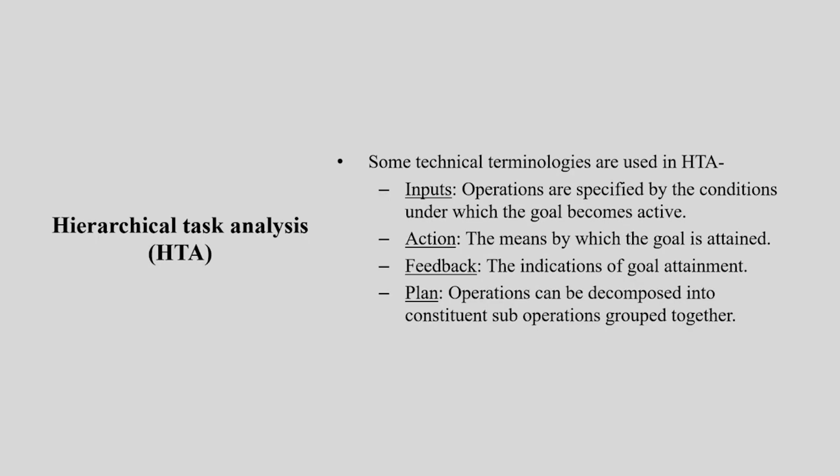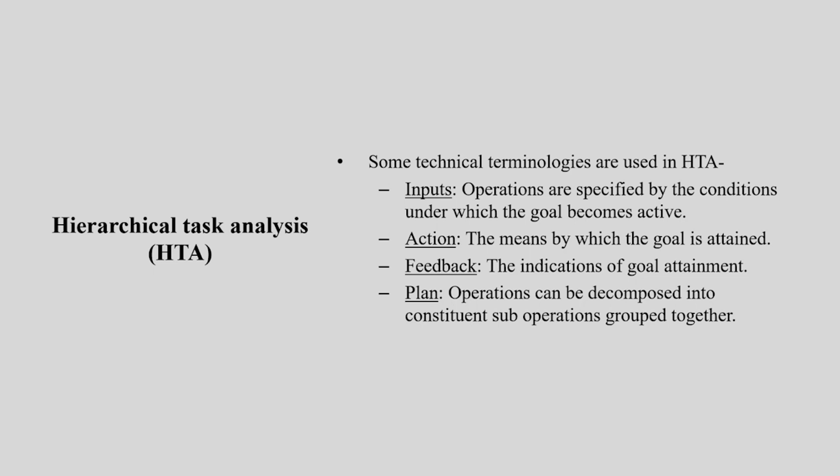Whenever we are talking about hierarchical task analysis, we should understand a few terminologies. First is input. We are talking about this input many times. Operations are specified by the condition under which the goal becomes active, so that we will call input. Second is action, that means by which the goal is attained.